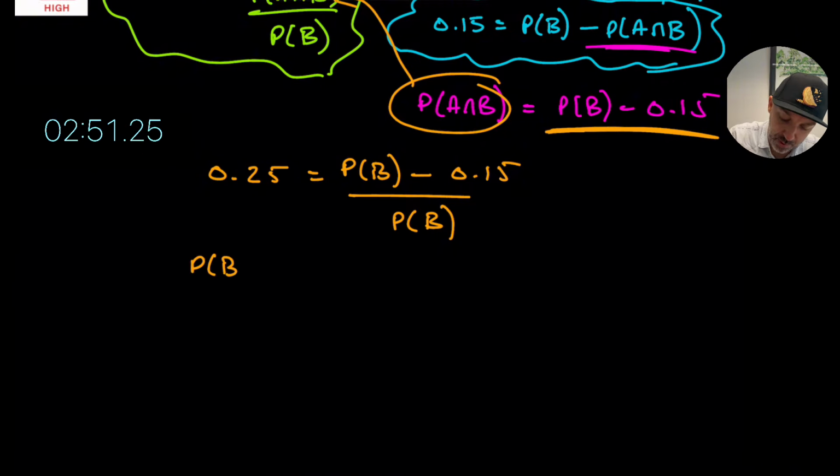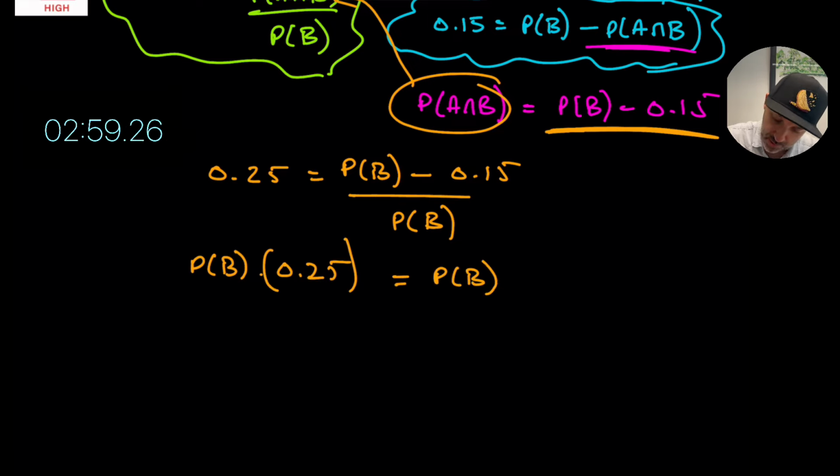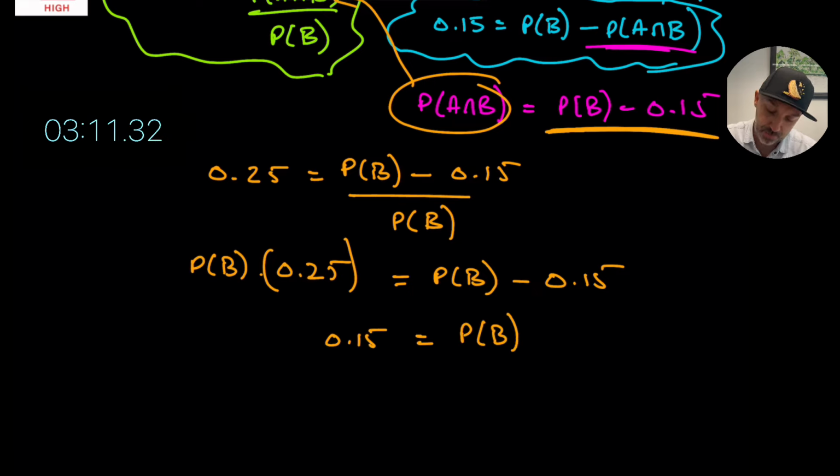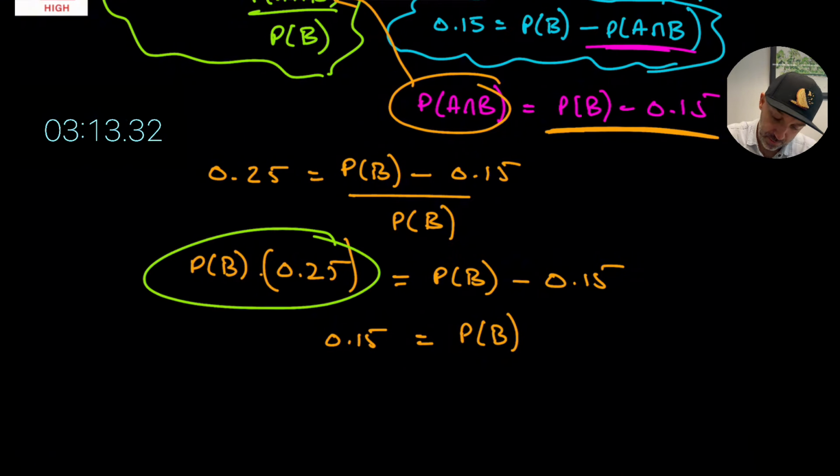If we do that, we'll have P(B) times 0.25 equals P(B) minus 0.15. As I've timesed it, it has disappeared from the denominator. Now I'm going to move the 0.15 to the left, and now we have P(B), and I'm moving this value to the right, so it's minus 0.25 times the probability of B.